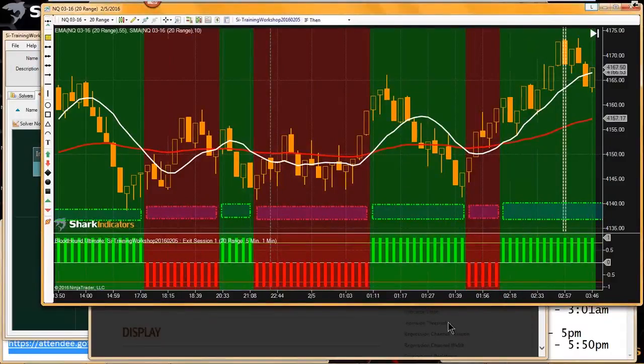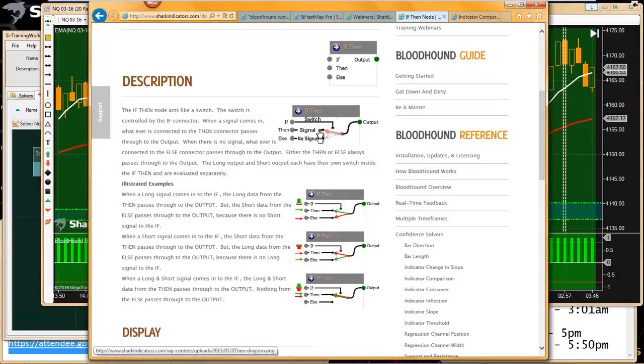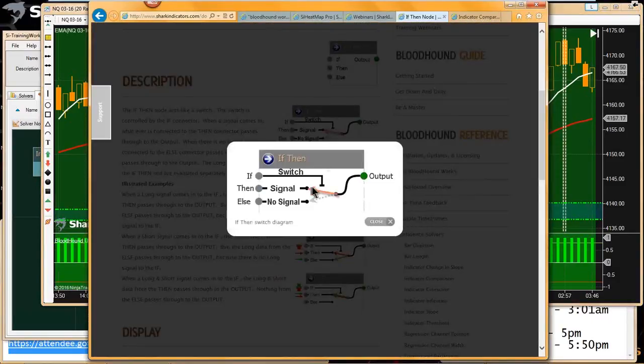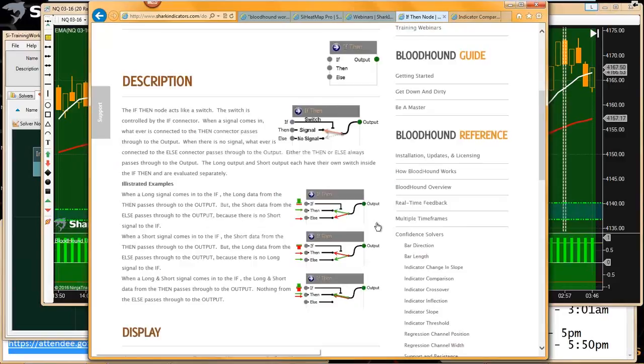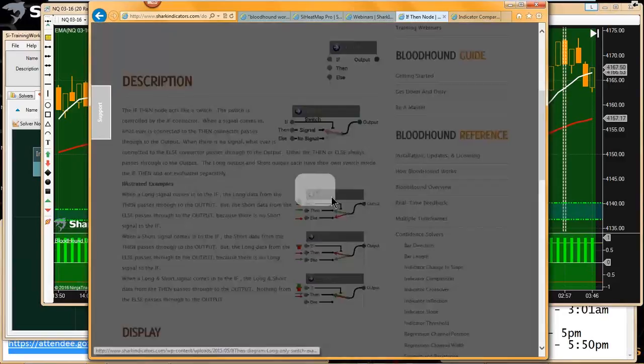So that's why the if-then node has two switches in it. There's one switch that works for the short confidence, and another switch that works for the long confidence. Let's take an example.